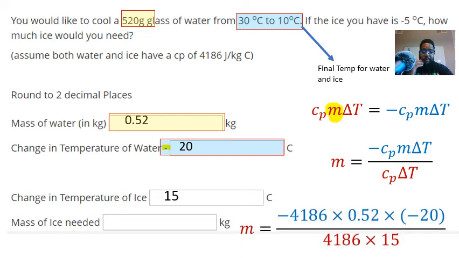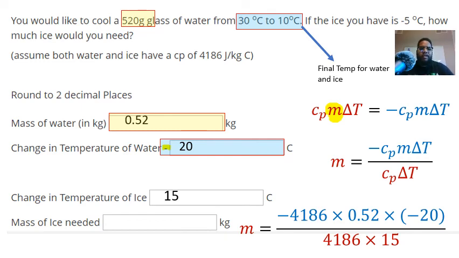When you plug the numbers in, you get M equals -4186, and I got that because it tells me in the question to assume both water and ice have a CP of 4186, which it may not, but for the purpose of this question, it does.